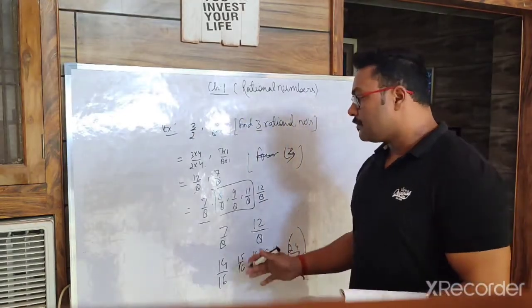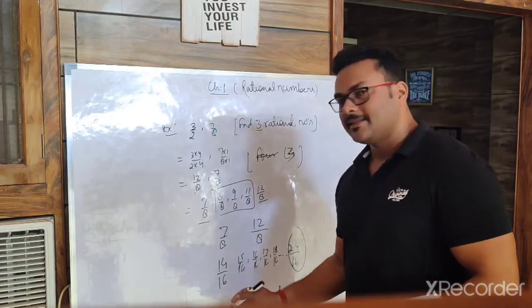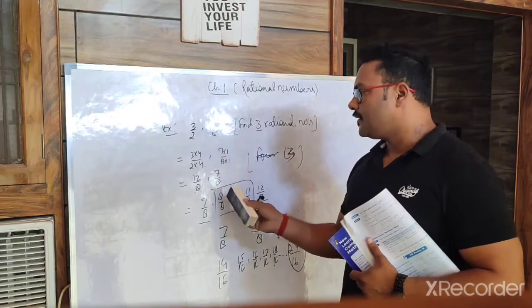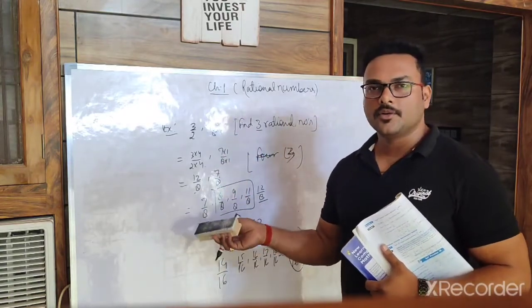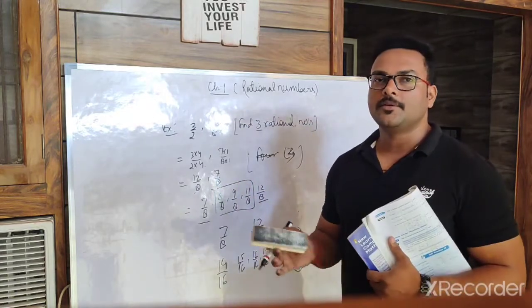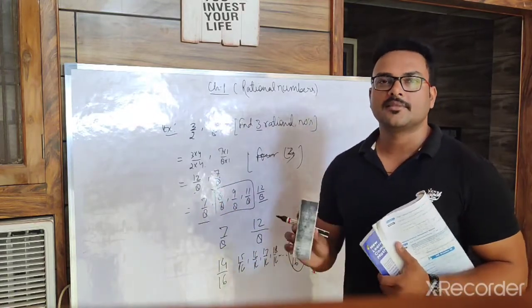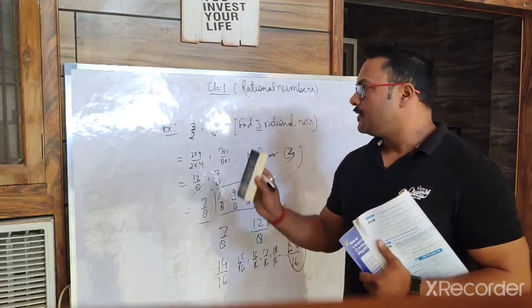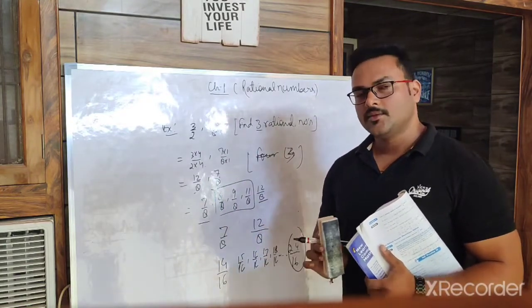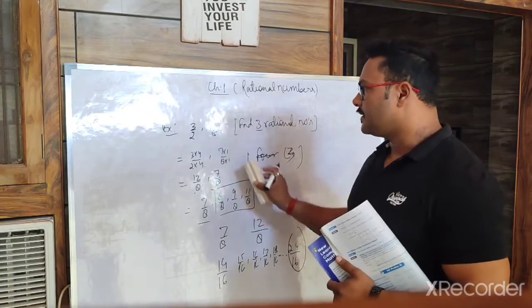Again, if you want to get more, you have to multiply by some greater number. So this is the way. First of all, make it equivalent and then multiply both the fractions by 1, 2, 3, 4, and get as many as you want between these two rational numbers. Whatever rational numbers are given, that doesn't matter. If you want hundreds of rational numbers between those two, you can very easily get them this way.